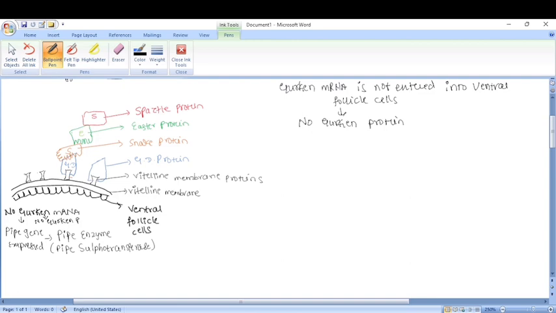Due to this absence of the gurken protein, the pipe gene gets expressed in follicle cells.